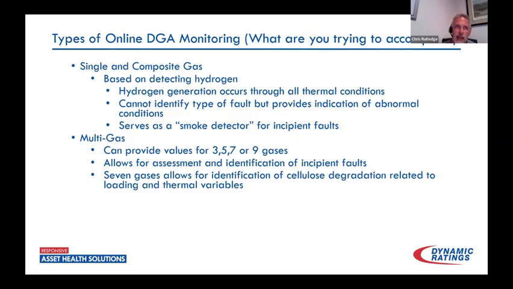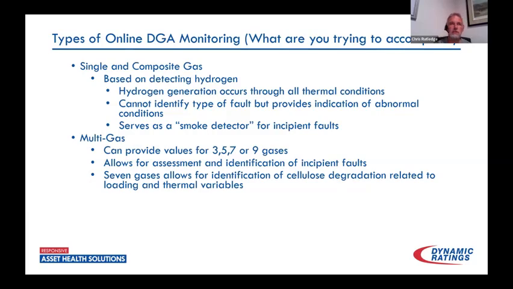Whereas if I have a multi-gas, I can go in and say, okay, I've got this percentage of acetylene to hydrogen to ethylene. My carbon dioxide, carbon monoxide looks like this. And now I can really make a highly accurate diagnosis of what's happening inside that transformer.